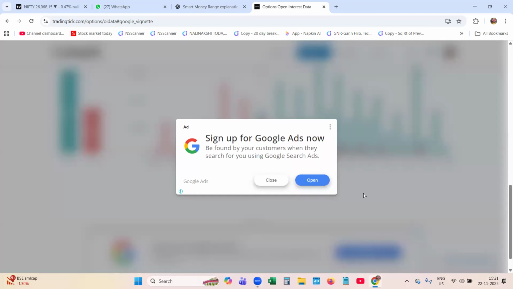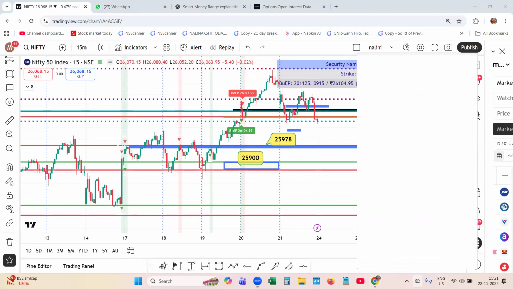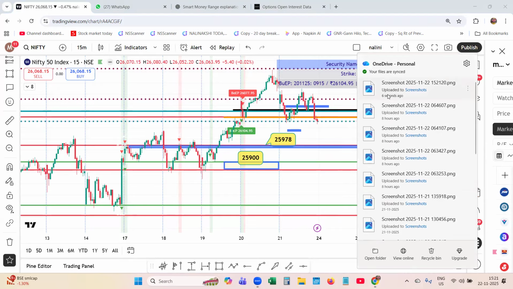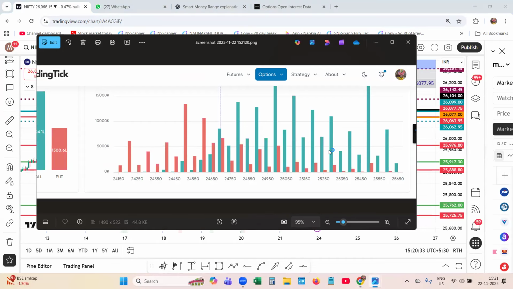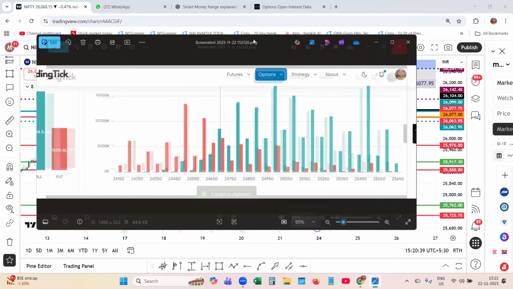Okay. Let me come back to the Nifty. Did it capture? I don't know. It has not taken the screenshot. Yes, it has taken the screenshot. Let me copy this. Okay.